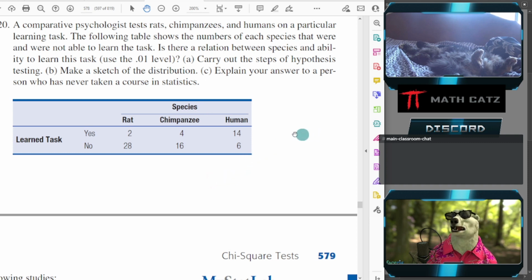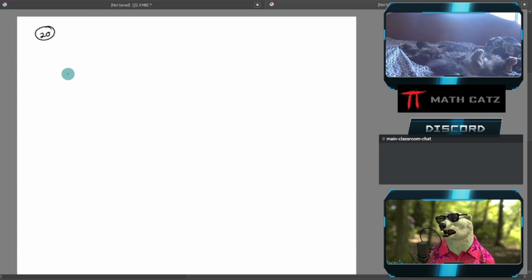Well, first step is to copy this table. So I'll say here yes and no for the learning of the task variable. And then we'll have the rat over here, chimp over here, and human over here.